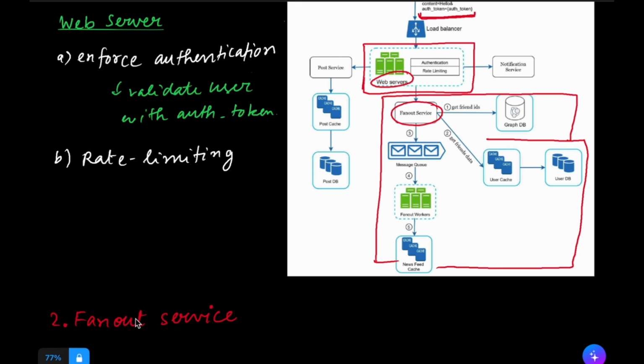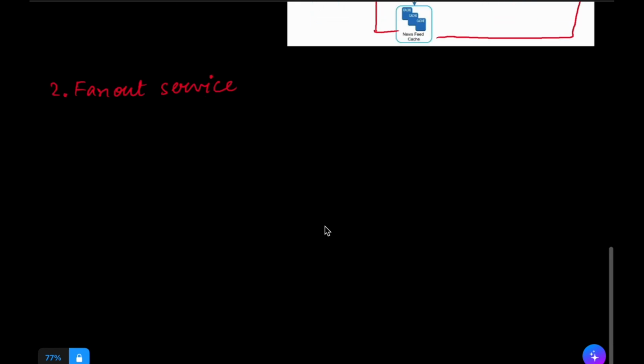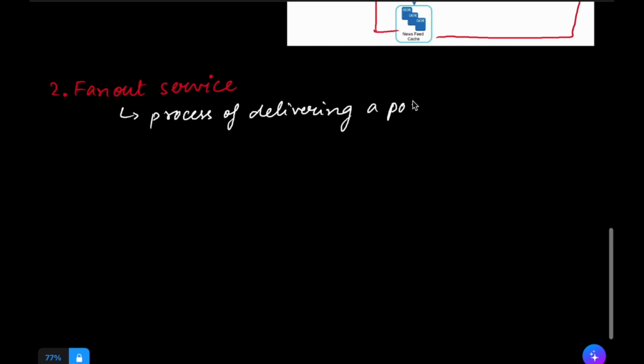This is the main functionality of the Fanout service: the process of delivering a post to all friends.